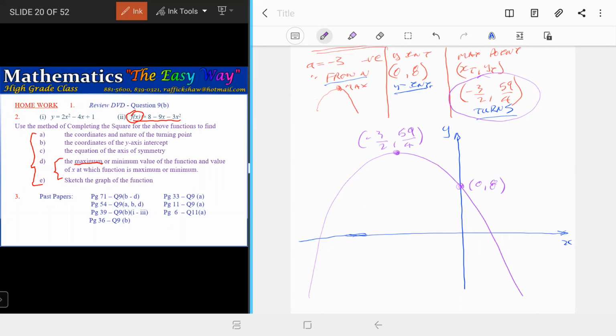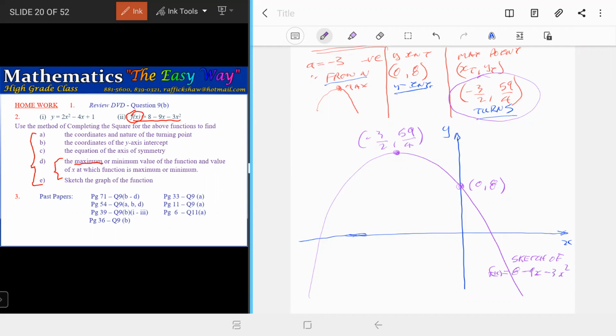That's my sketch. And I'm going to write: sketch of f(x) equals 8 minus 9x minus 3x squared.